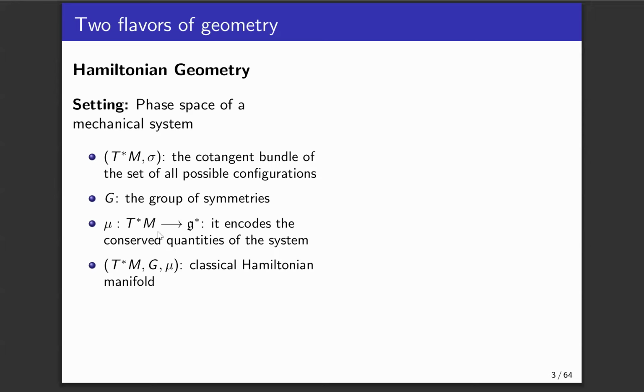And this map encodes the conserved quantities of the system. And with these three ingredients, we have what we call a classical Hamiltonian manifold. So we have a symplectic manifold with some group G that acts on it and some map with values in the dual of the Lie algebra.